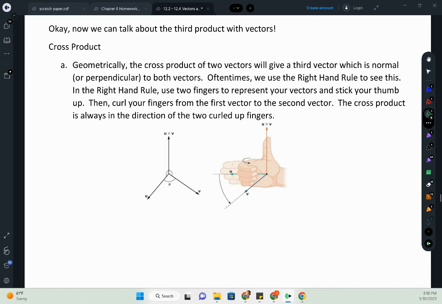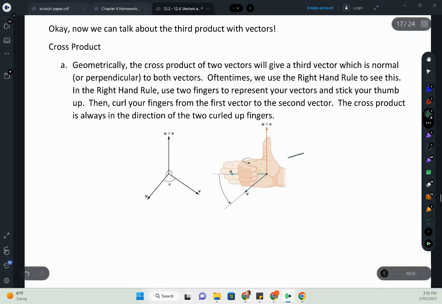So if we're finding u cross v, I would put my hand on the u vector and curl my fingers towards the v vector, because that's the direction I want to cross in. My thumb I will leave up and it will be pointing straight up. That result, the u cross v, is my thumb. It's the vector that points perpendicular to both u and v. And so that's kind of the golden rule.